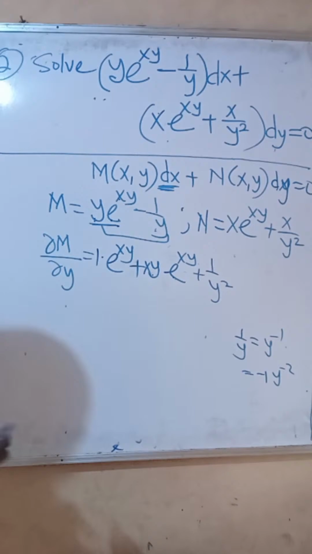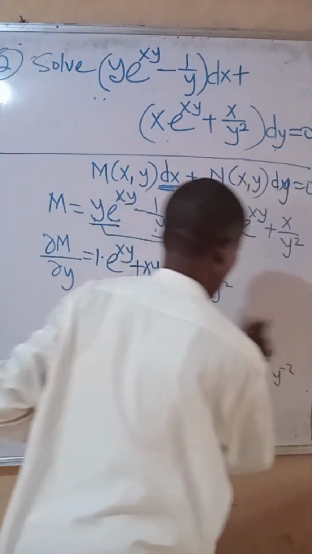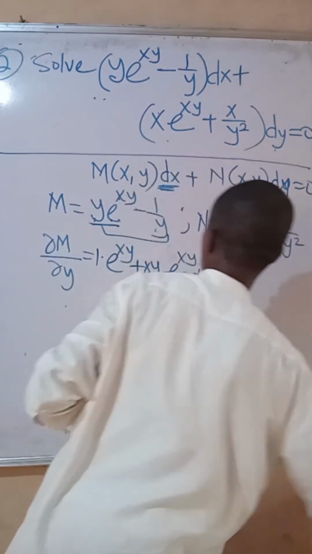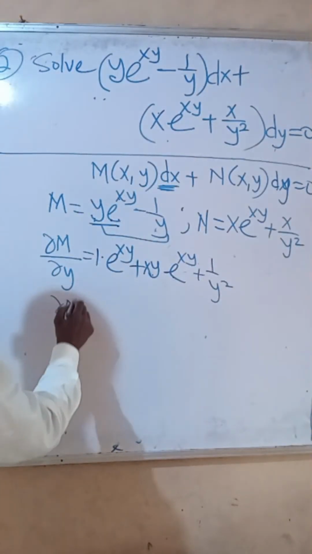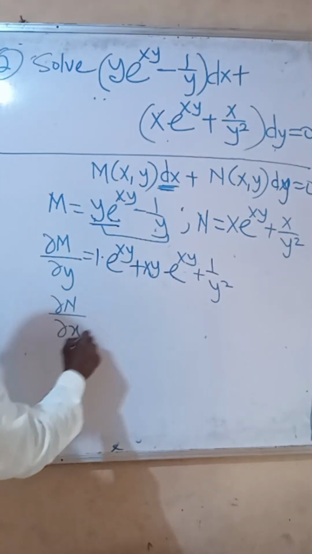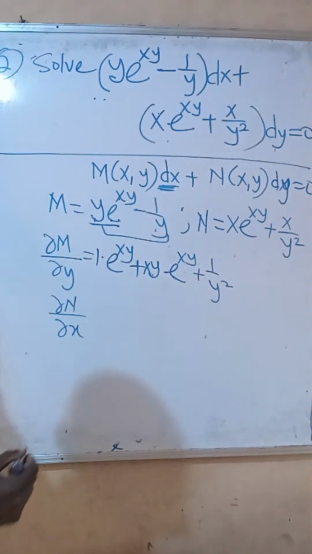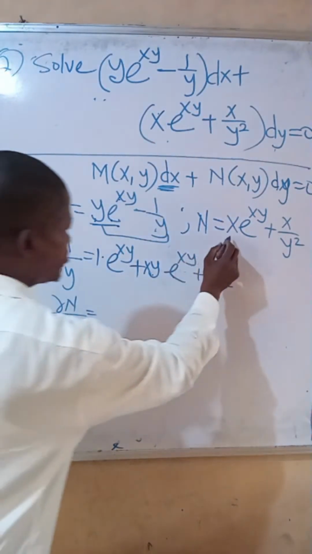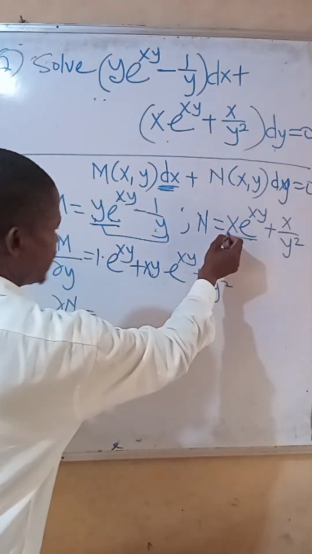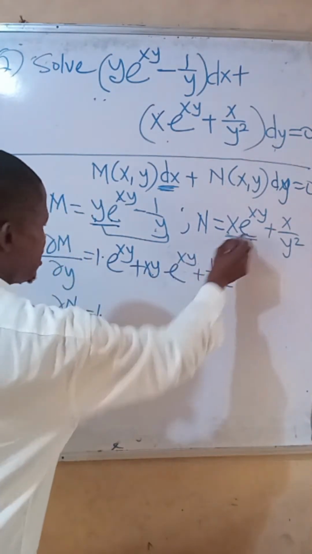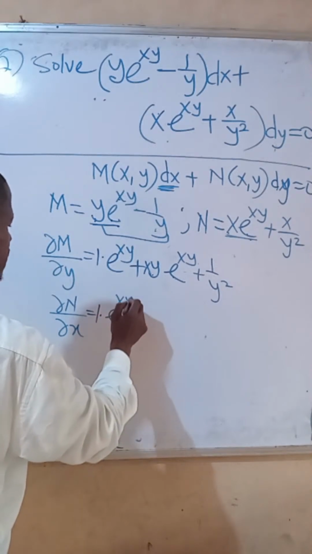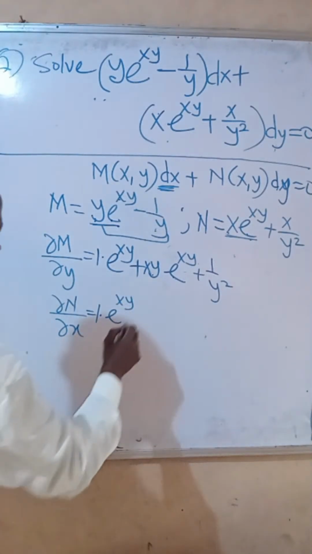So let's get the N also. So the N, with respect to x, okay, it's also product rule. We do the x first, that's 1. We keep the e function constant, okay, then plus.